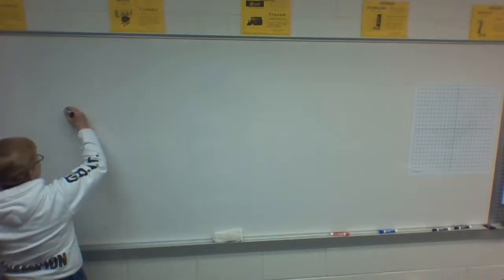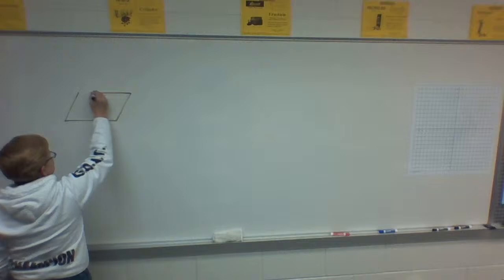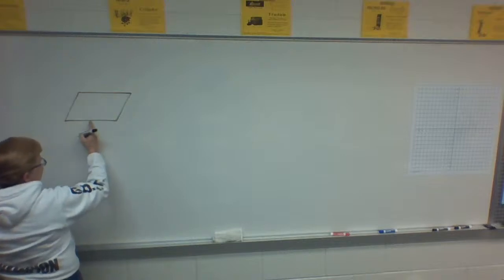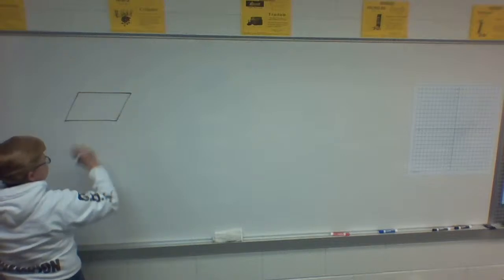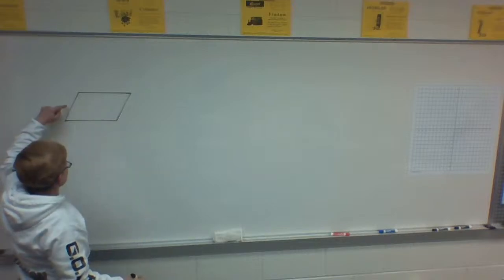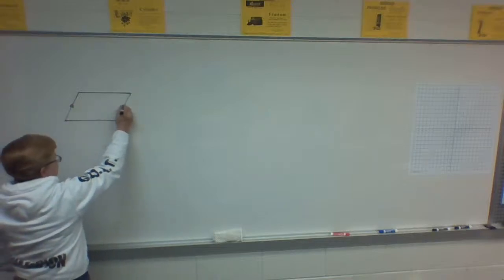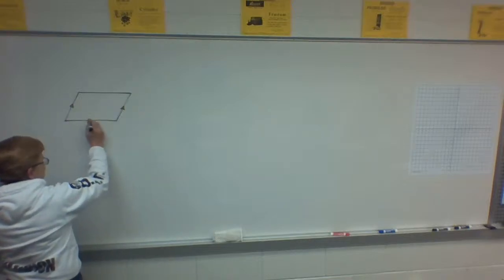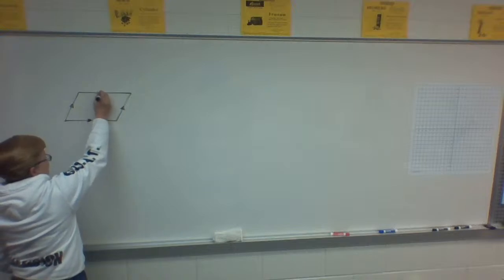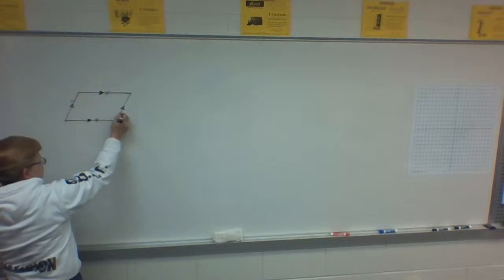But a rhombus, remember from yesterday, a parallelogram is just any sort of shape, and you've seen me draw it several times. It's just any sort of shape like that, where this side's parallel to this one, and this one's parallel to this one, as well as several other attributes. Just to remind you, this is a fact about parallelograms. If I mark it like that, it's a fact that this equals this, and this equals this.